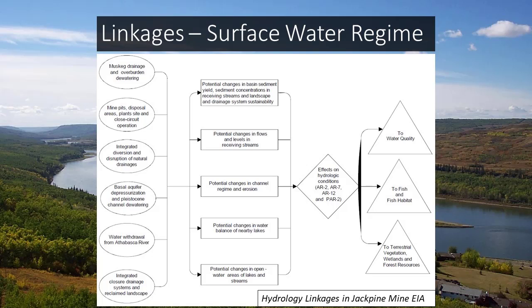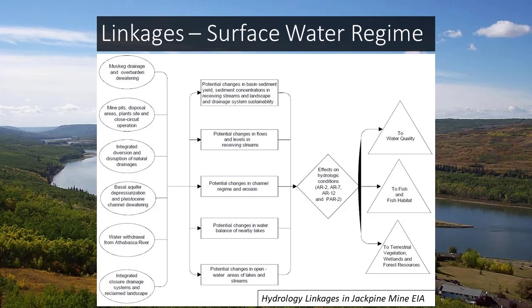These are the changes they're looking at: changes in sediment yield, changes in flow and water level, any erosion, changes in water balance of other lakes, so that's being drawn down possibly, and then changes in open water area. Changes in open water area will change the evaporation, it'll change habitat, and of course these feed into fish and fish habitat.